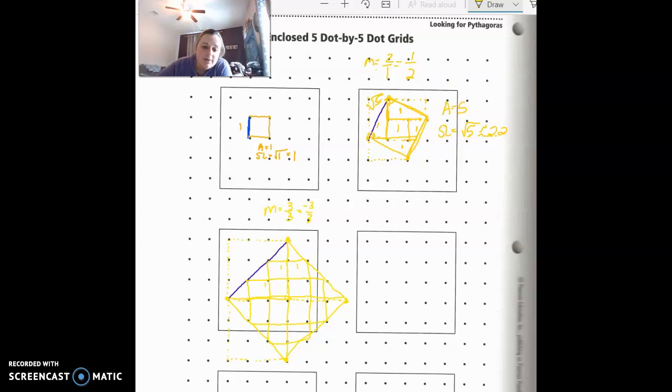But it looks like we have 1, 2, 3, 4, 5, 6, 7, 8, 9, 10, 11, 12, 13, 14, 15, 16, 17, and then we have 18. So this one has an area of 18.